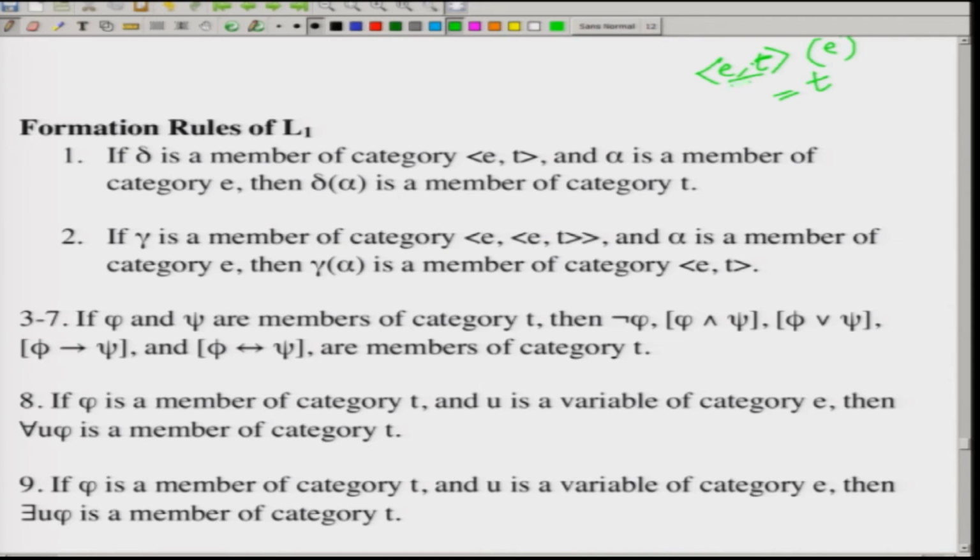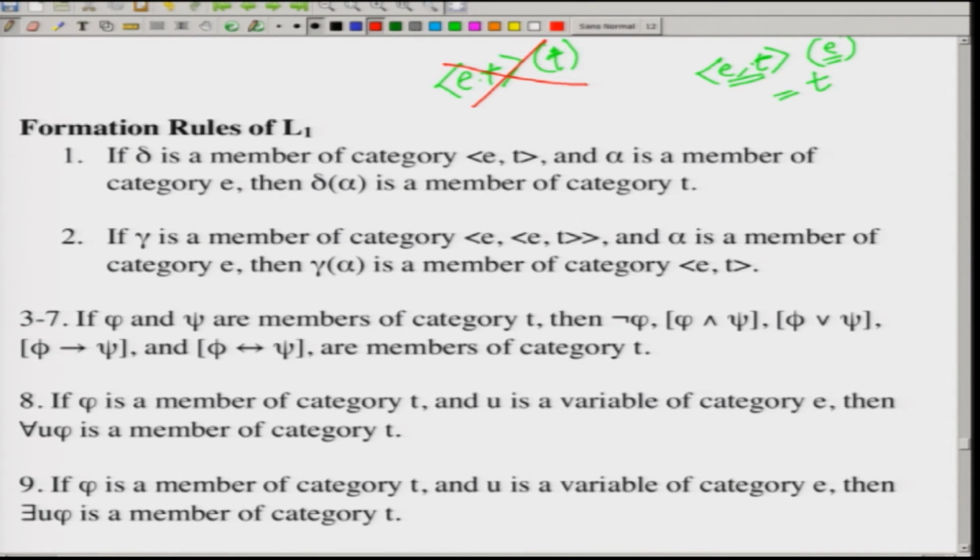So, if this is the construction, you give the first element. If you give the first element, then the second element comes out. So, this construction rules out something like E to T to T. Nothing will happen if you do anything like that. You see, already blocking is an operation.